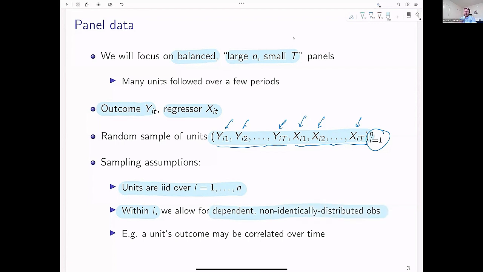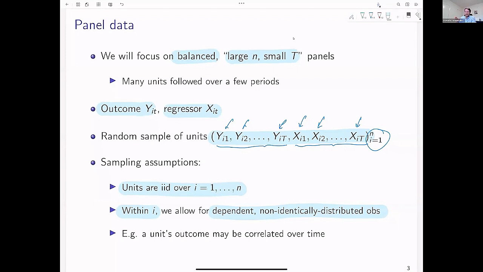In practice, what does that mean? Well, in statistics, we always want to impose some sort of independence between observations, because that's what lets us apply laws of large numbers, central limit theorems, estimate variances, conduct hypothesis testing, and so on. But in this case, we have, say, one county that is followed over time.